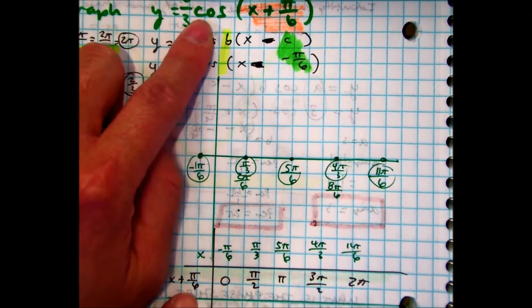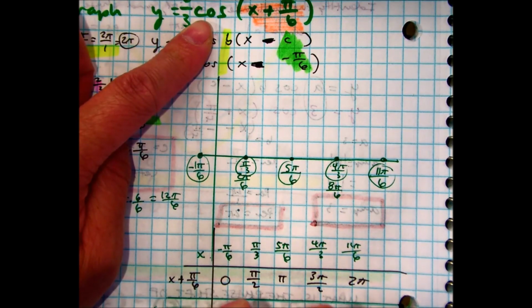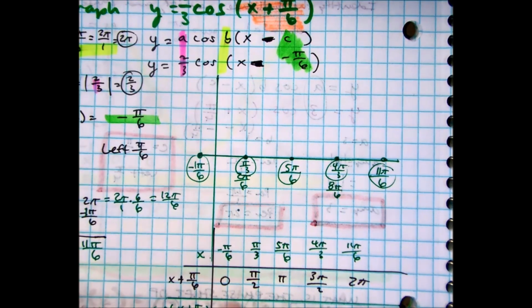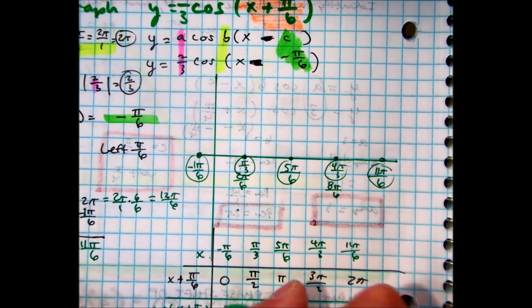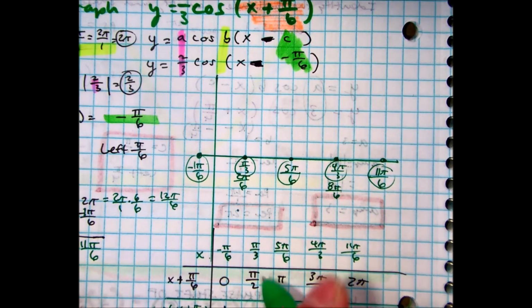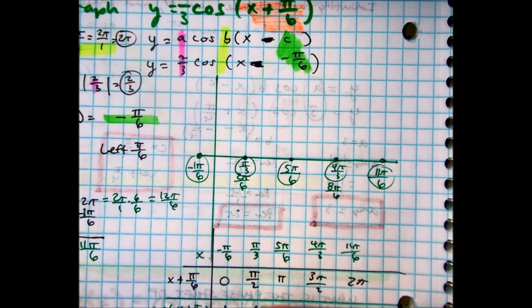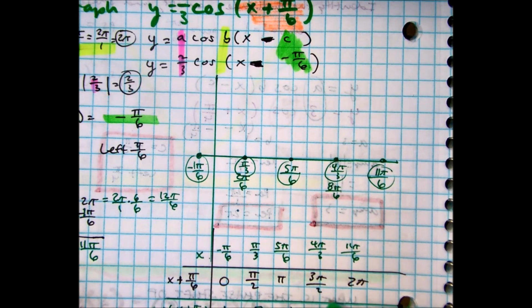Now I'm going to take cosine of those values. Class, what's cosine at 0? Cosine of pi over 2? 0. Cosine of pi? Cosine of 3 pi over 2?